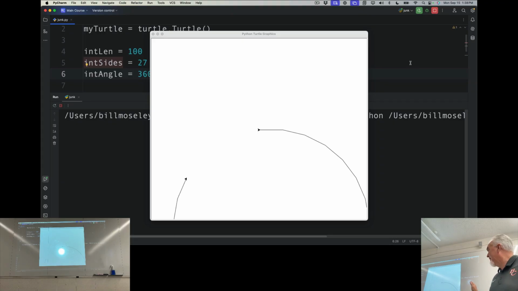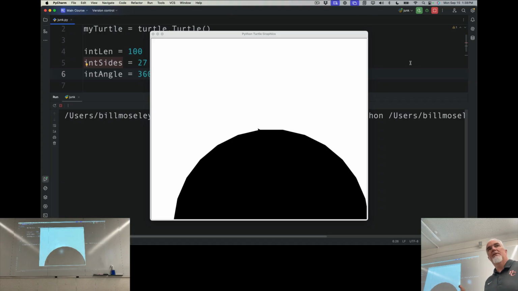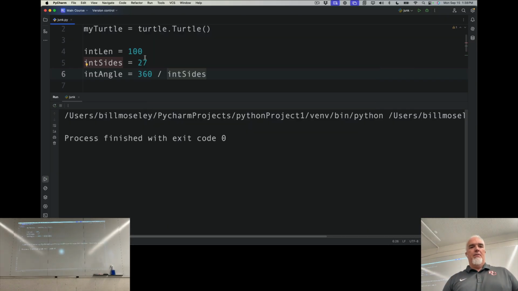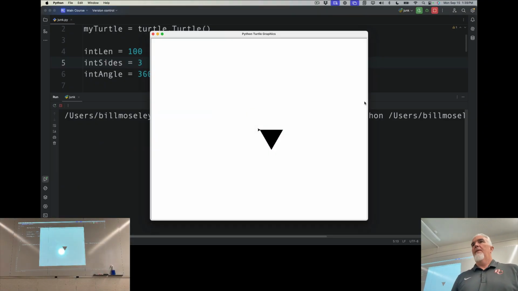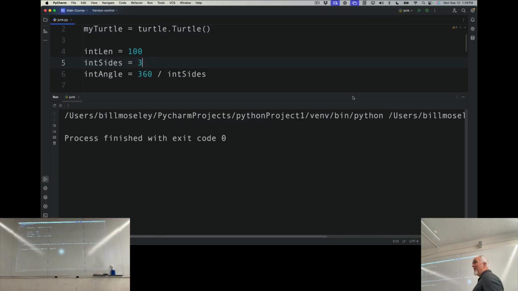It's coming around. Give it a minute. There it goes. 27 sides. You have to trust me, the other sides are just the same as the ones you see. But now I can do any figure with any number of sides, and it fixes the angles for me. So there is the simple power of using a formula instead of a static number.